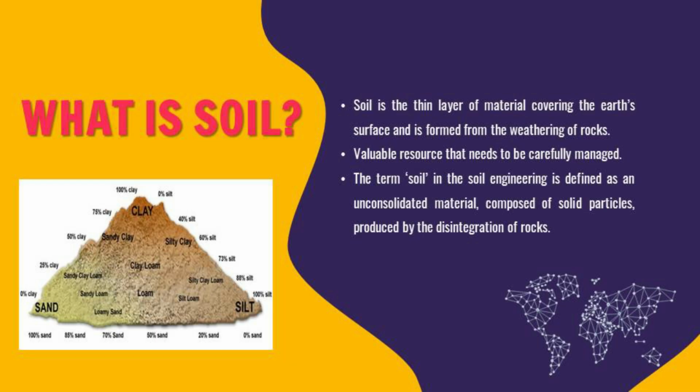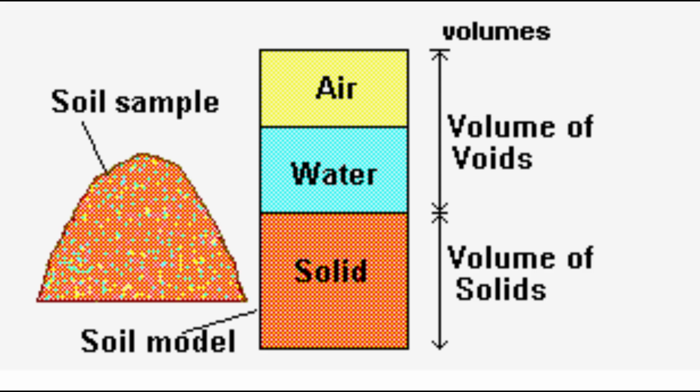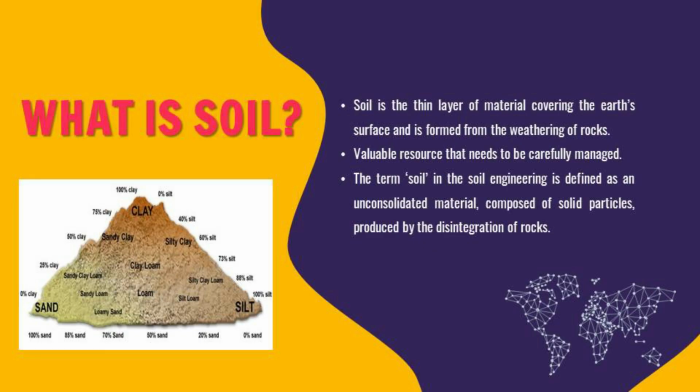The term soil in soil engineering is defined as an unconsolidated material composed of solid particles produced by the disintegration of rock. The void space between the particles may contain air, water, or both. The solid particles may contain organic material. The soil particles can be separated by such mechanical means as agitation in water.